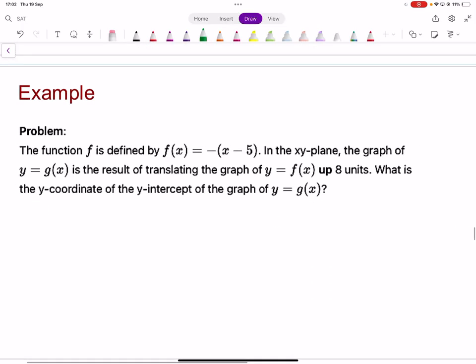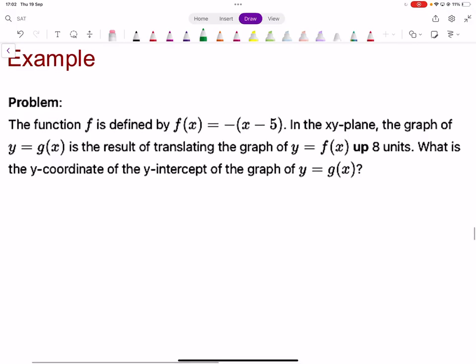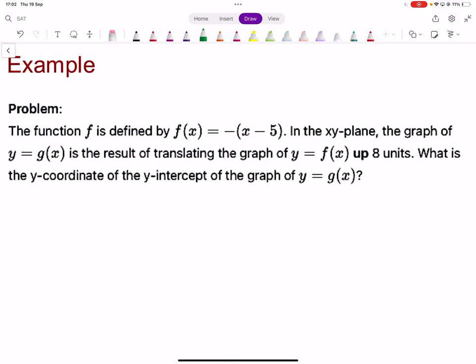Okay. Let's have a look at this now. The function f is defined by f of x equals minus into x minus 5. g of x is a result of translating the graph up by 8 units. What's the y coordinate of the y-intercept of the graph of g of x? So the original function is minus into x minus 5.